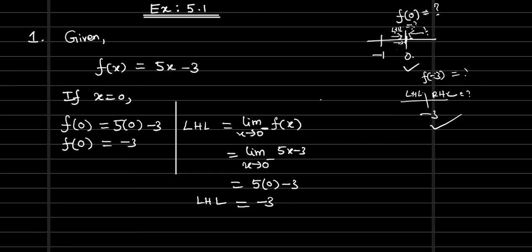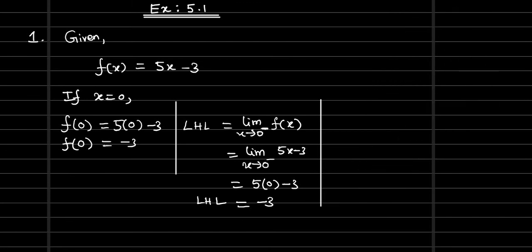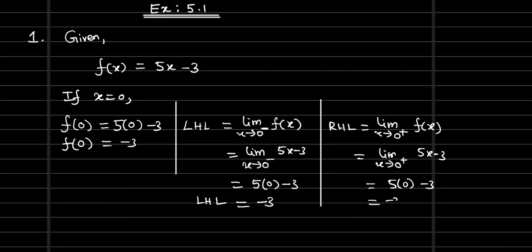Now in the same way, the right hand limit also we are going to find out. Right hand side close values of 0 are also approximately equal to 0 only. So x approaches 0, f of x is approximately 0, right? So in place of x we are going to substitute 0 only. When we apply the limit, the result is minus 3.